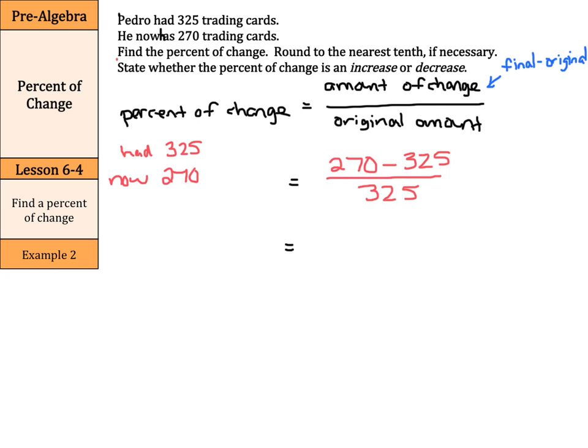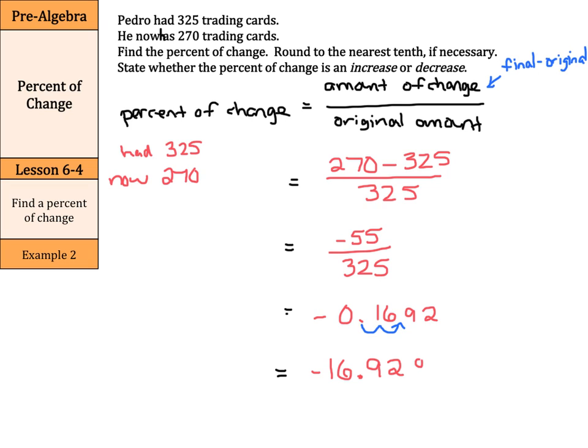Now 270 minus 325 is negative 55 over 325. And when I divide that, we end up with a negative 0.1692. Now let's get this into a percentage before we round. And so we're going to move this decimal place over twice to the right. And so this is going to equal a negative 16.92%.